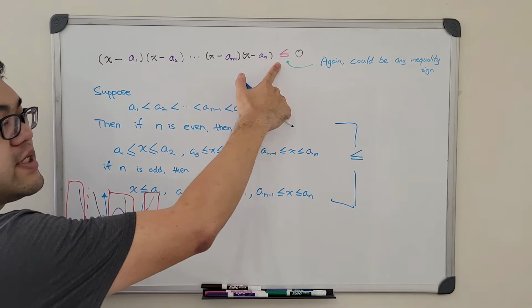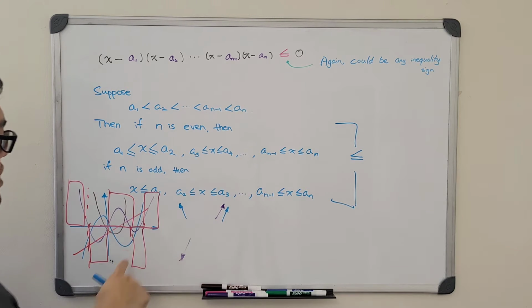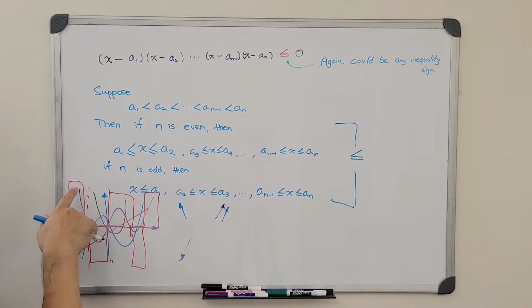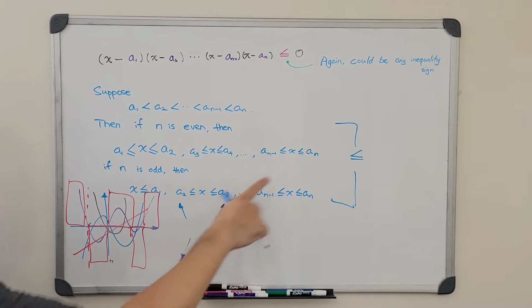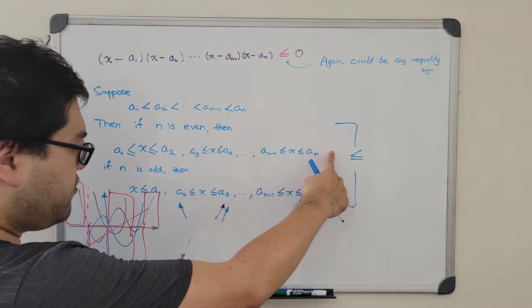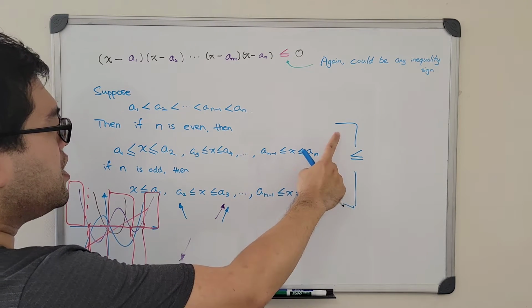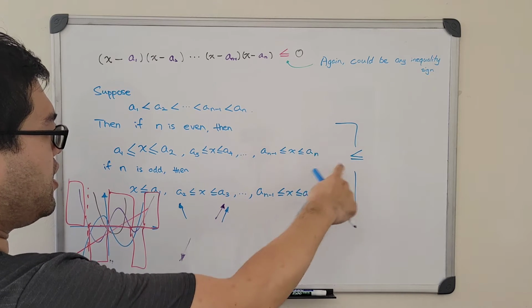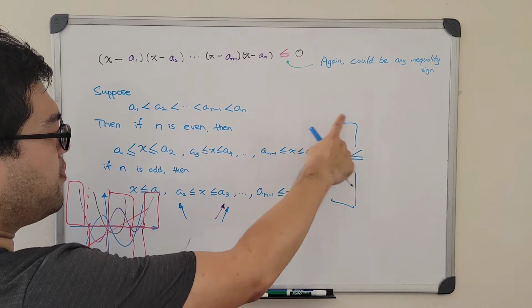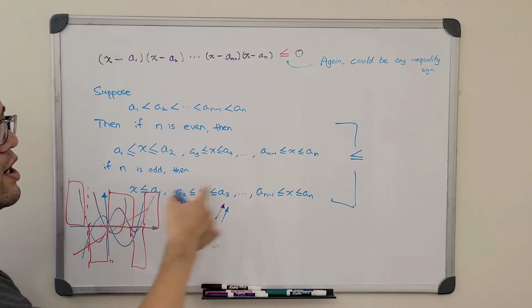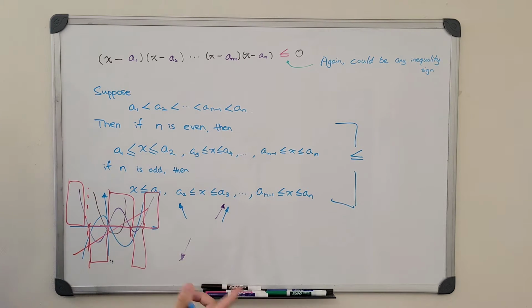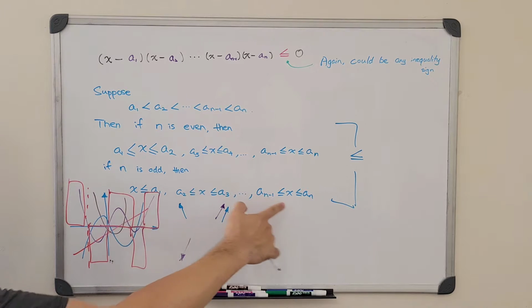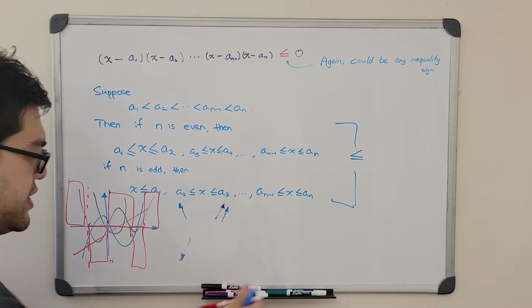If we want to take something that is less than, then we will just count which region we want, seeing that it will go positive, negative, positive, negative, positive, negative. So the most right region will always end up positive. And we can start from the most right and count backwardly to see which regions we want as our solution. Similarly, for the odd functions, we can do the same thing.